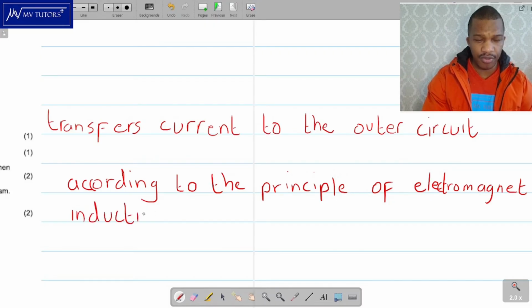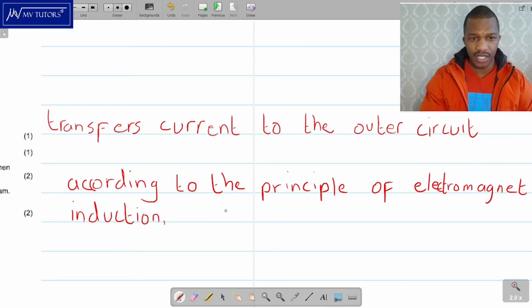According to the principles of electromagnetic induction, what does this principle say?